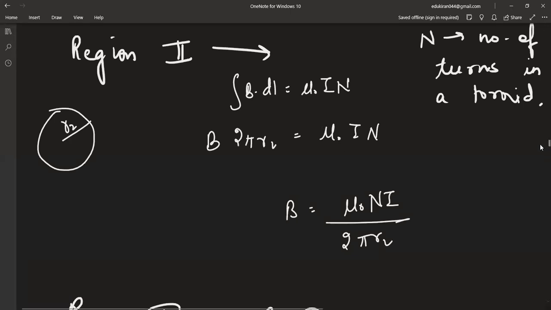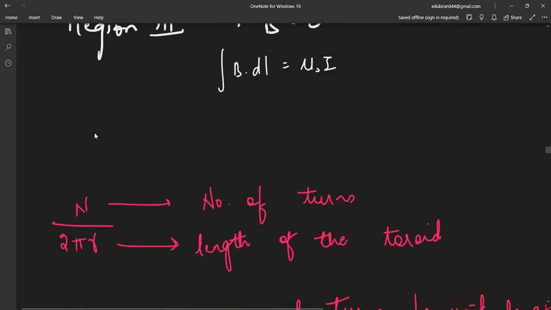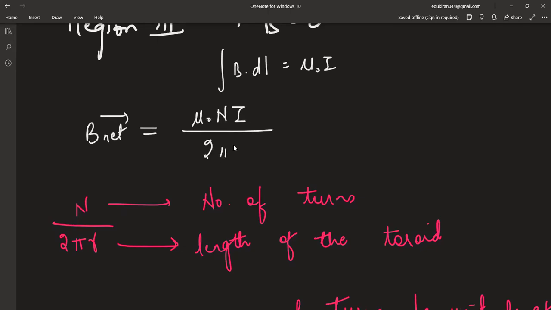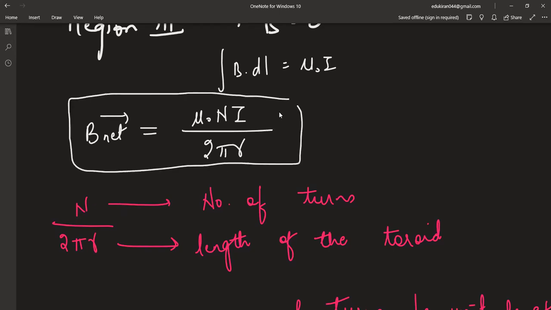This is for the second region, and the third one is also 0. So the net formula of the magnetic field is mu naught n I divided by 2 pi r. I'm only writing r because the other radii didn't work for us, we don't need them, so I'm just taking one radius.